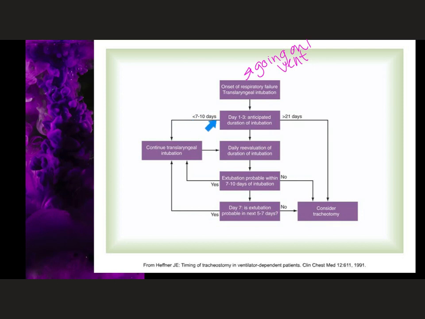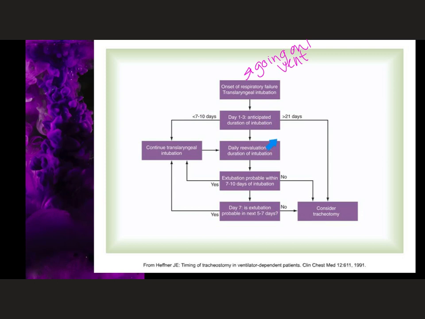If we know it's going to be less than 7 to 10 days, okay, it's all right. Let's reevaluate this in a few days. If we know that maybe this is that patient that came in that had the gunshot to the face, and we know that we have lots of plastic surgeries left, and we need to keep that trach because his upper airway's toast, if it's going to be greater than 21 days at day 1 or day 3, we'll go ahead and consider a tracheotomy.